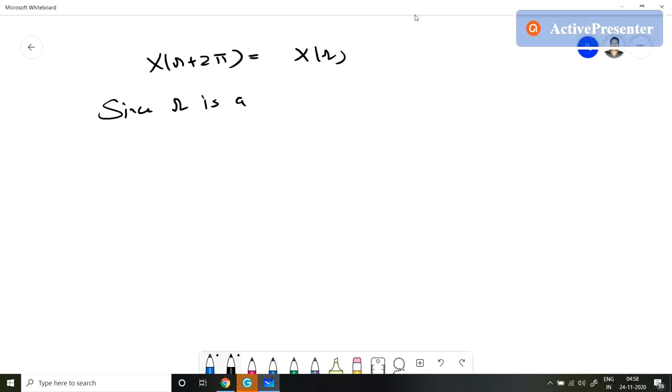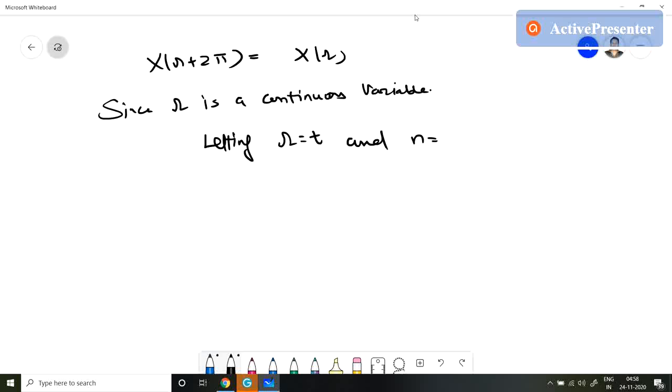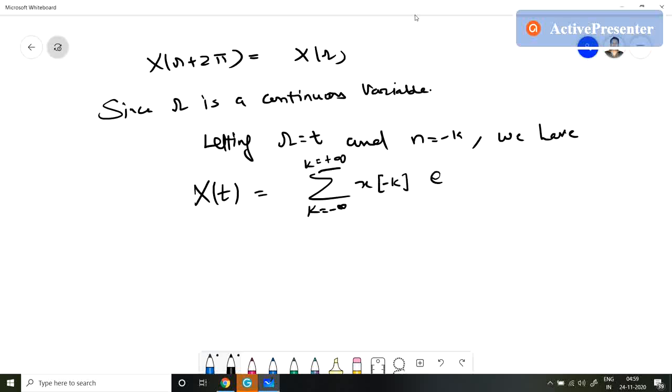Since ohm is a continuous variable, letting ohm equal t and n equal minus k, we have x(t) equal to the summation from k equals minus infinity to plus infinity of x[minus k] e raised to the power jkt.